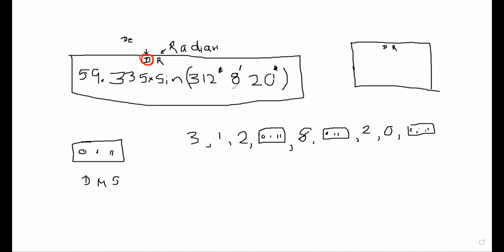If it is in radian mode, for example, we know cos 60 is half, or 0.5. If your calculator is in radian mode, when you type cos 60, it is not equal to 0.5, because even though you type cos 60 degrees, the calculator will calculate for 60 radians.